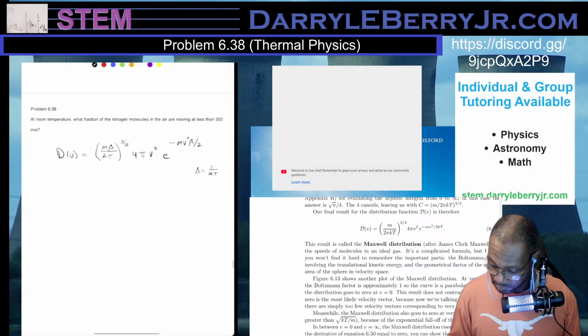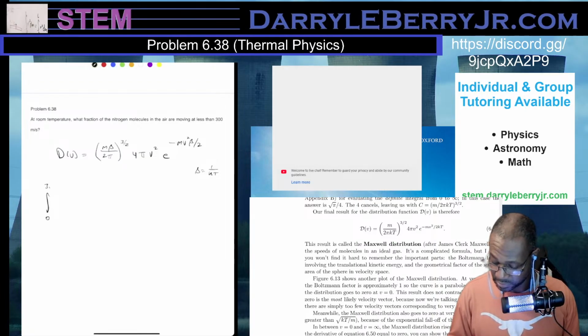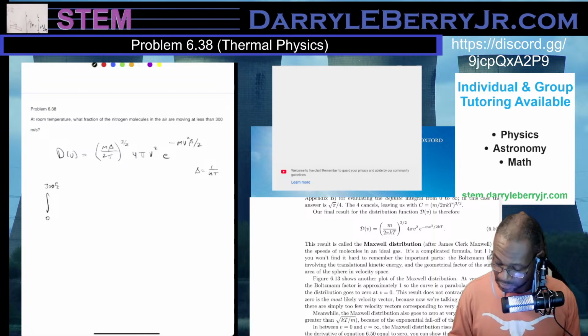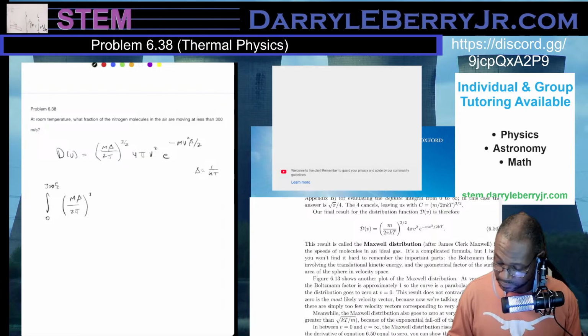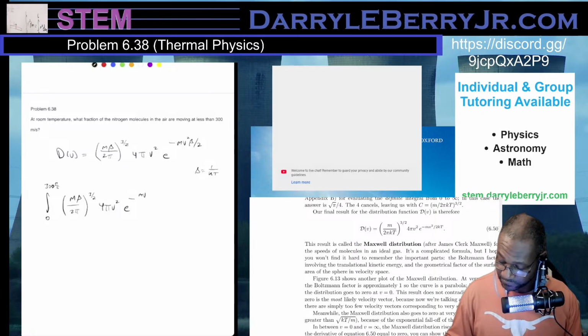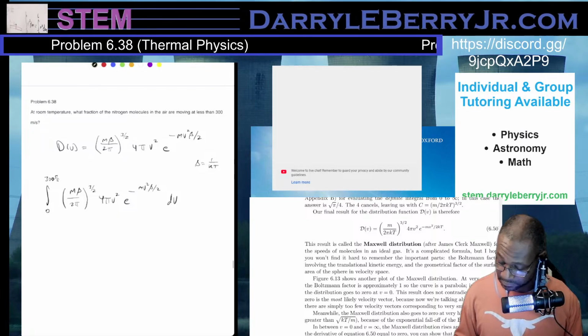So we want the integral from 0 to 300 meters per second of (m over 2 pi kT) to the 3 over 2, 4 pi v squared e to the negative m v squared beta over 2 dv.